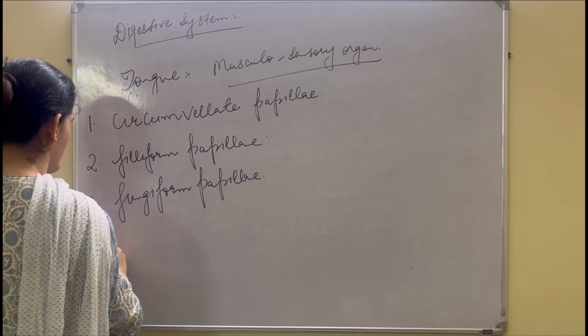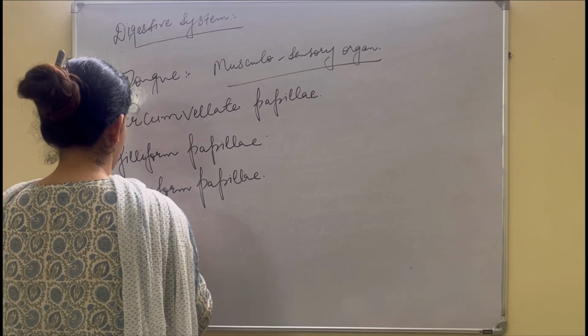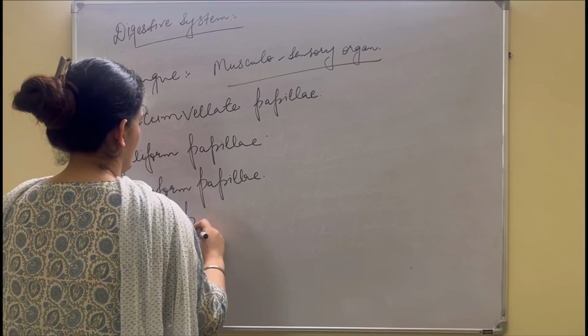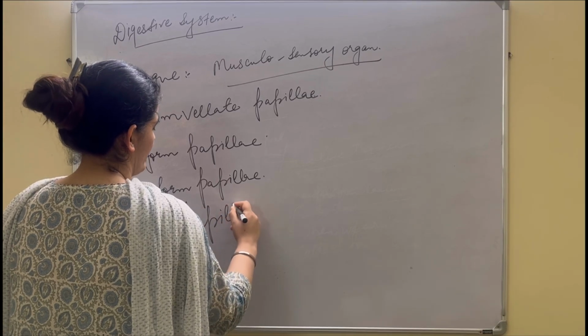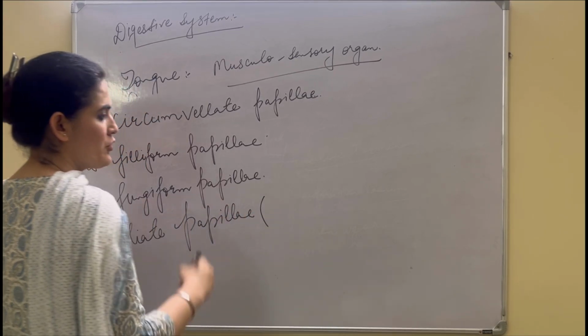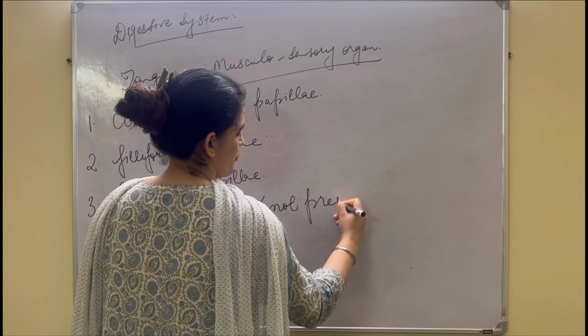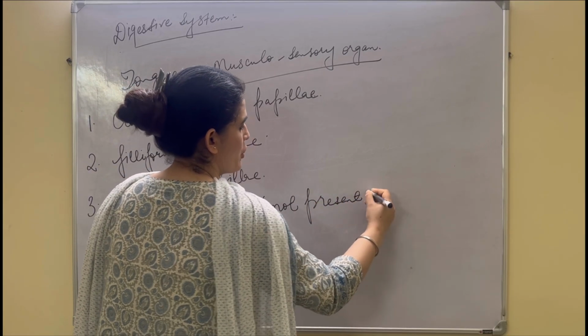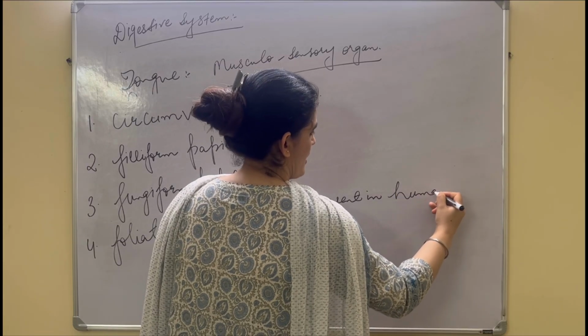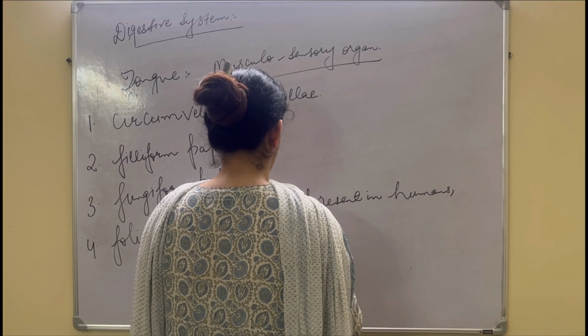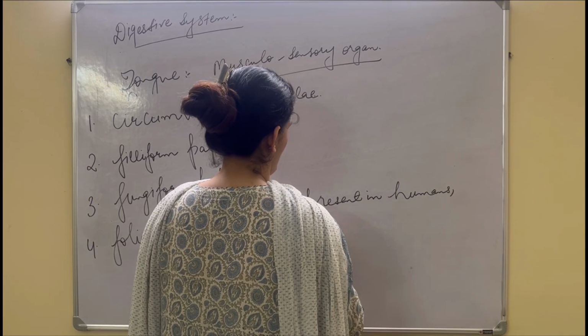And the fourth is foliate papillae. And this foliate papillae is not present in humans. It's present in rabbits. You should know this.